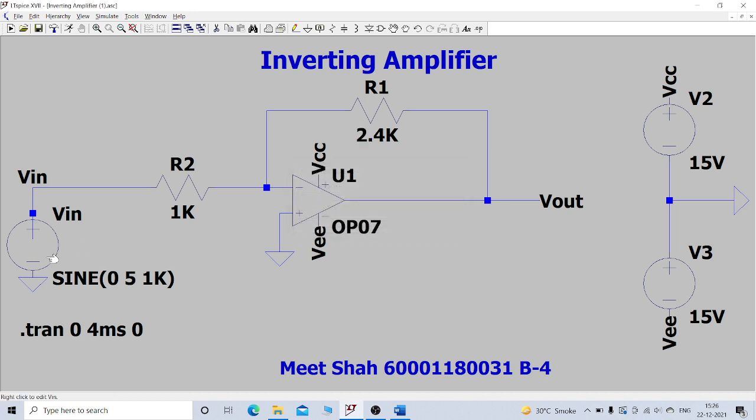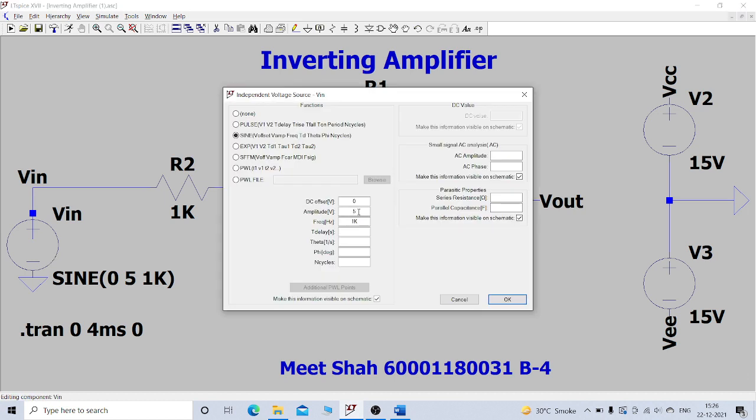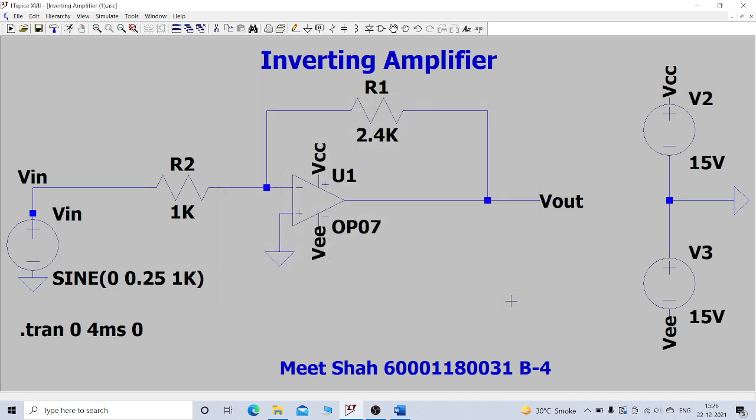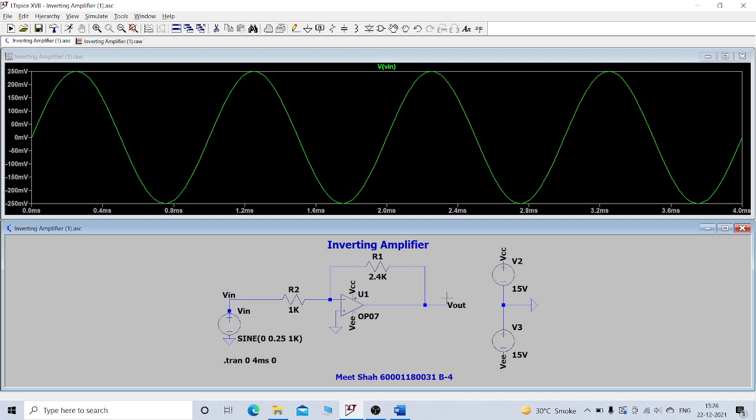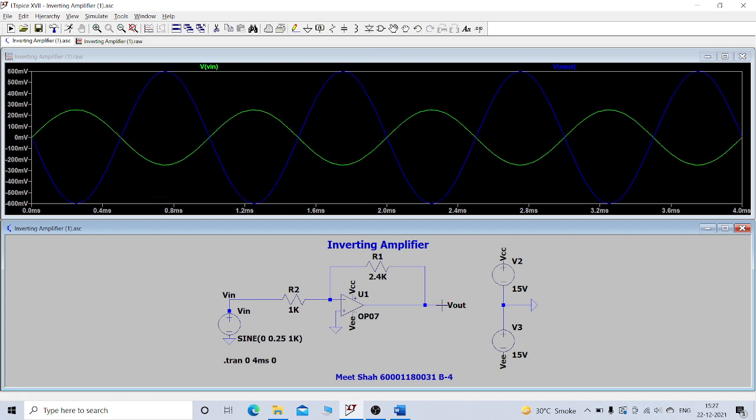We have given, and for peak to peak of 0.5 volts we'll give here 0.25. So here we have given completely. Now we'll run this simulation. So we are getting our desired output, that is a sinusoidal wave.